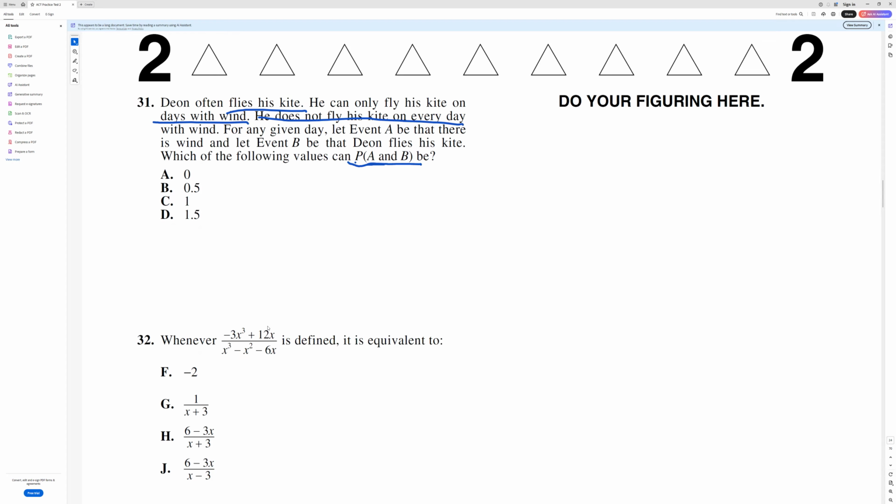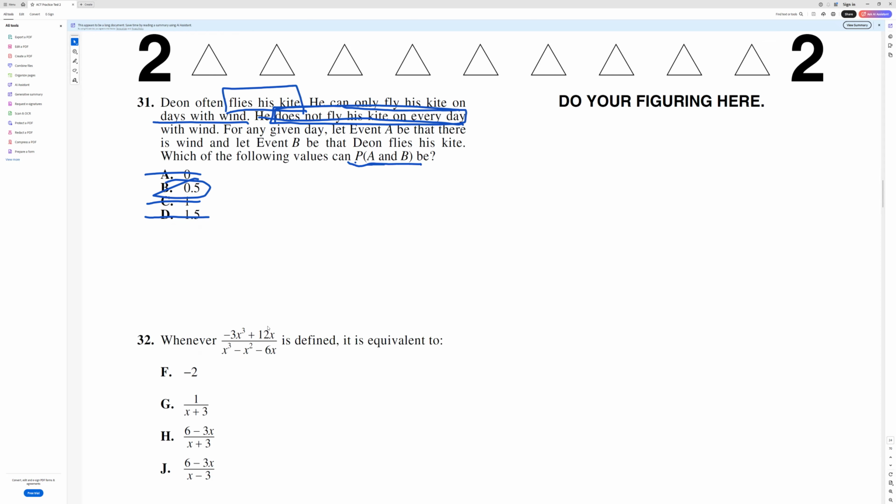But 1 would mean that he would always fly his kite, but it says he does not fly his kite every day. So it cannot be 1 either. So the only possible answer is 0.5. Typical ACT, I don't like it, but just remember that 0 is never, and 1 is always. Whether it's wind or no wind, it's not going to be 1, it's not going to be 0.